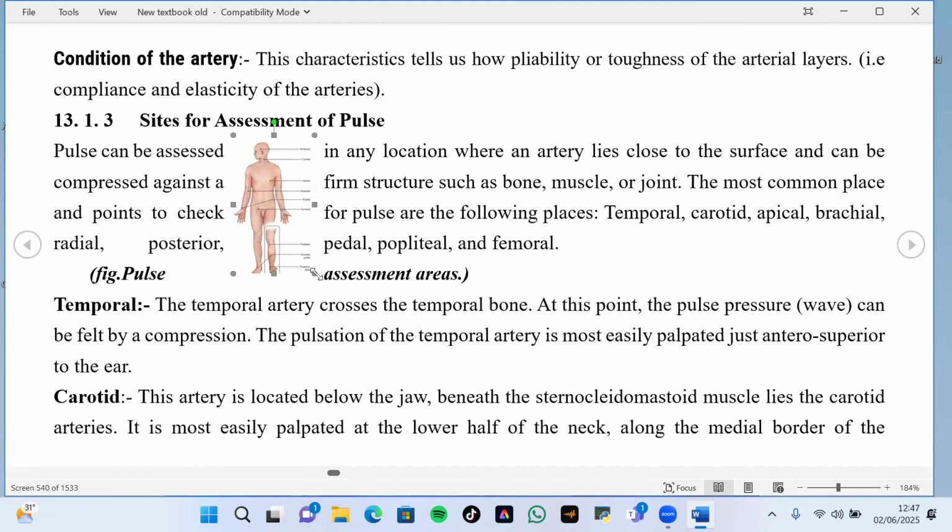Sites one can take pulse. Okay, lastly, we're also taking the condition of the artery. As you are touching that artery, it can reveal to us if the patient is having arteriosclerosis or any other similar issues.